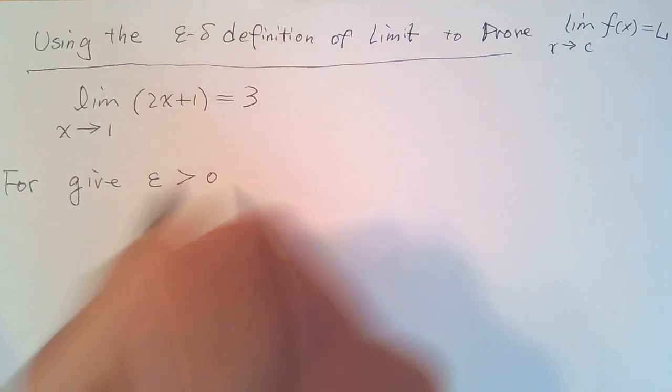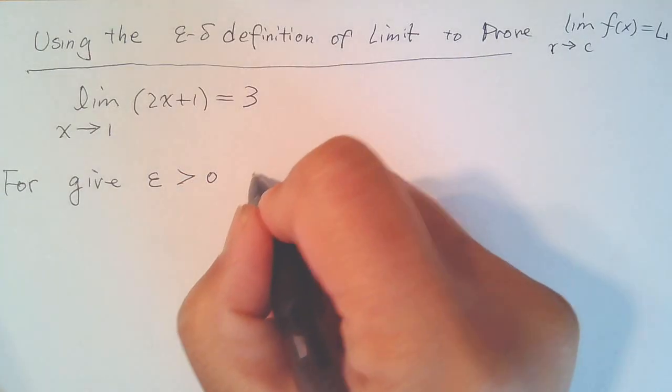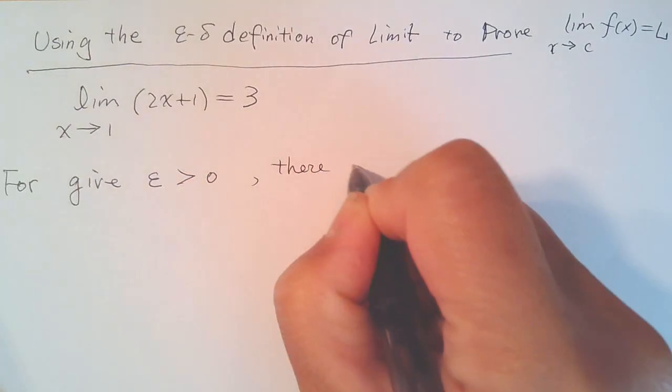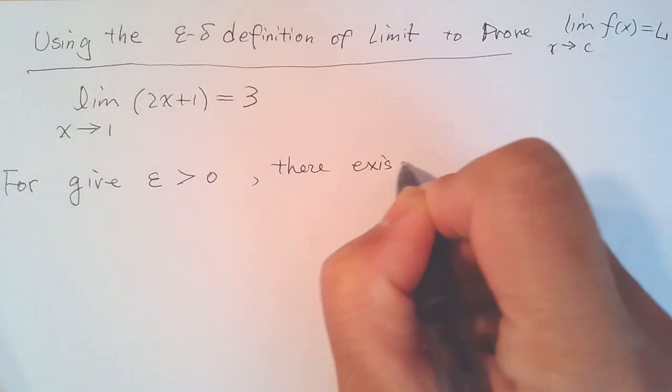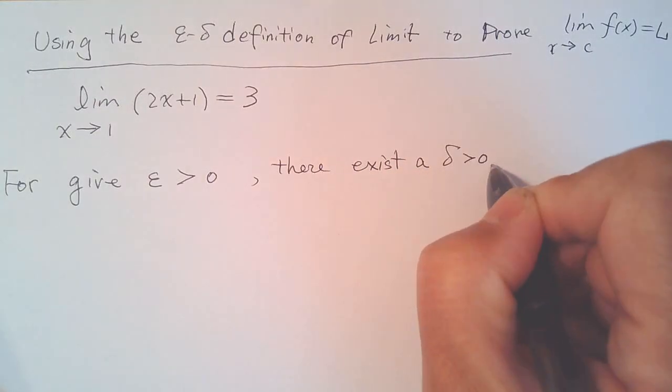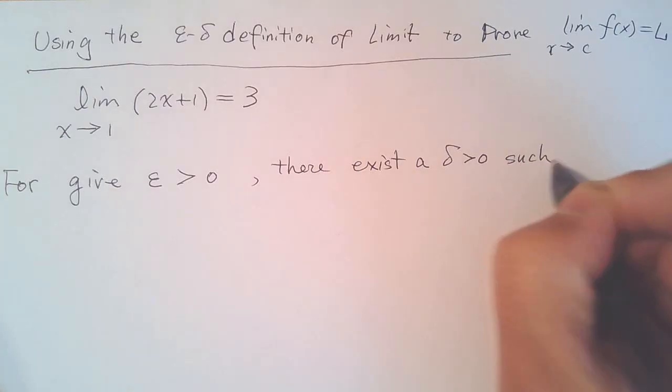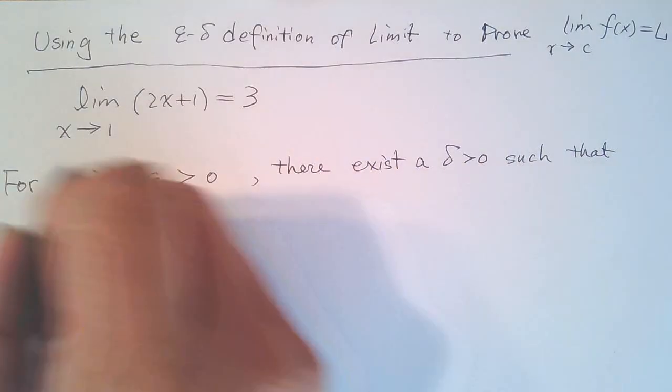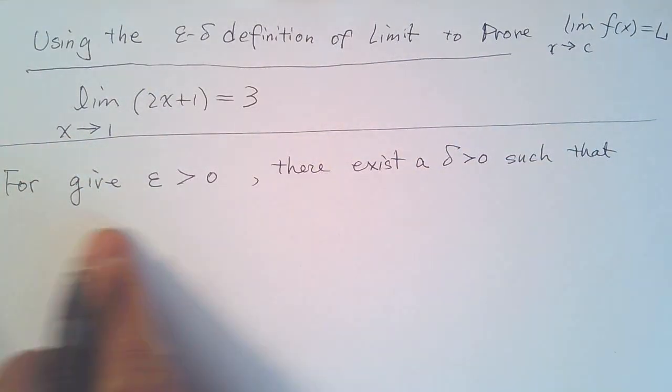Which means, by the definition, for a given epsilon greater than 0, there exists a positive delta such that, this is the question, and here is the definition.